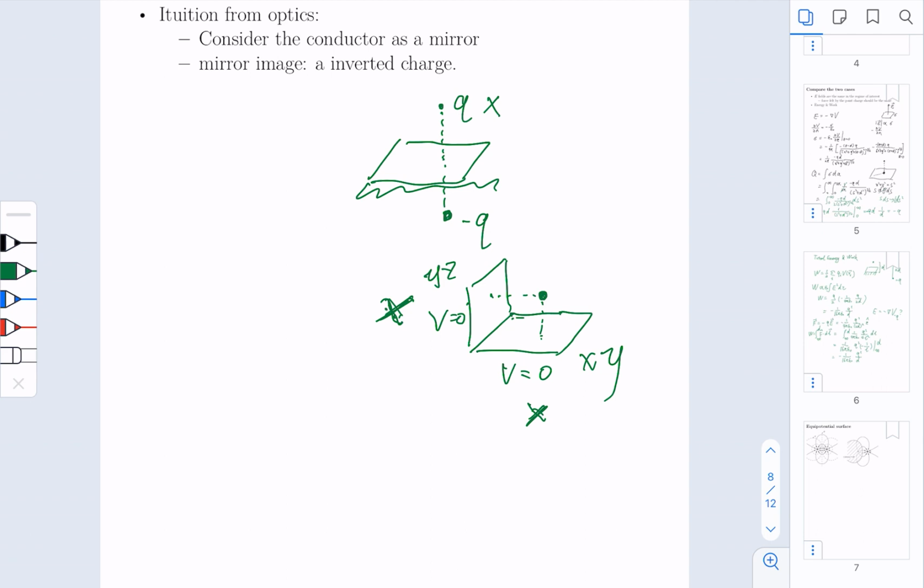So the V should automatically satisfy the Poisson equation with a single point test charge in the region of interest. And then if it satisfies the boundary condition, that has to be a solution, and that solution should be the one and only solution that you can find.